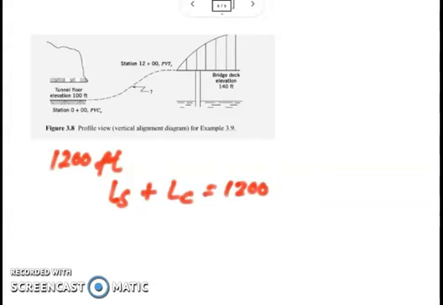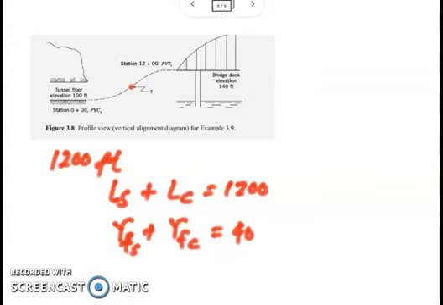And we can have an equation for the final offset. The final offset for the sag vertical curve plus the final offset for the crest vertical curve is equal to 40, since the elevation from the distance from the tunnel towards the bridge is equal to 40.